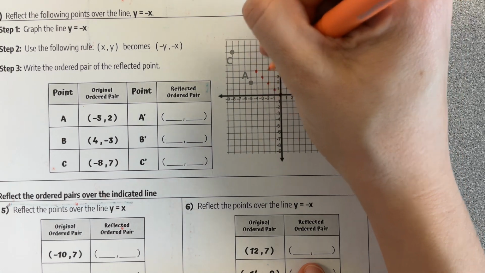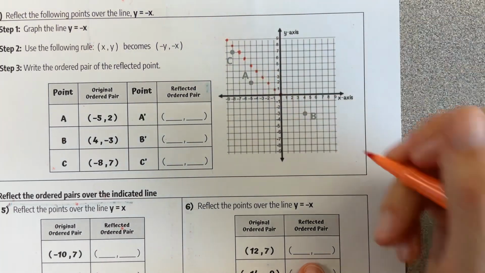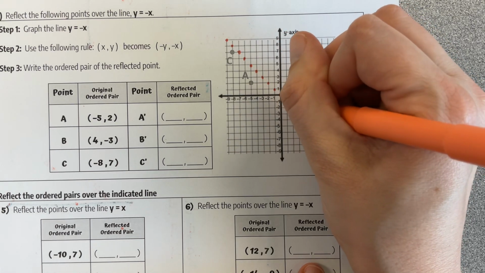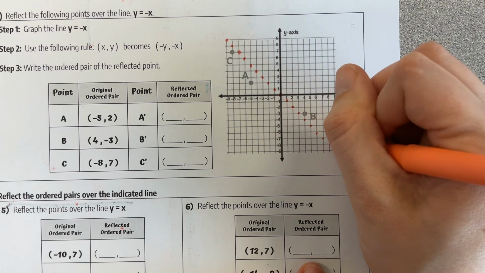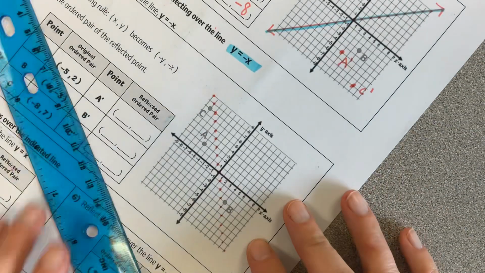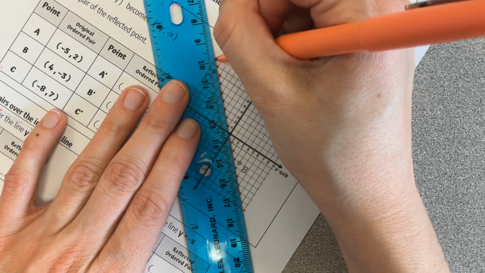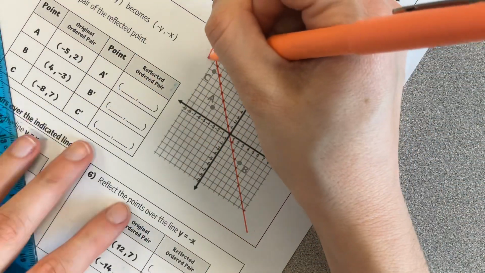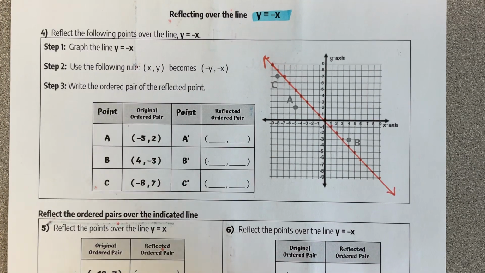Up 1, left 1, up 1, left 1, and so on. Same thing here, over 1, down 1, over 1, down 1, all the way through. I'm going to use a ruler to draw a straight line through here, and I'm going to highlight that so we can visualize what it's going through.